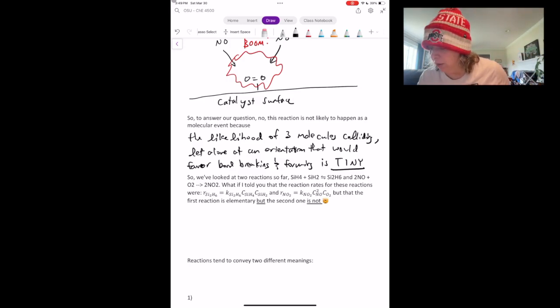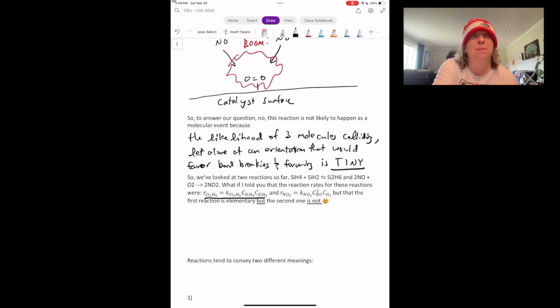So the rate of formation of Si2H6 is equal to a rate constant times the concentration of SiH4 times the concentration of SiH2. And also, what if I told you that the rate of NO2 formation is equal to a rate constant times the concentration of NO squared times the concentration of O2?